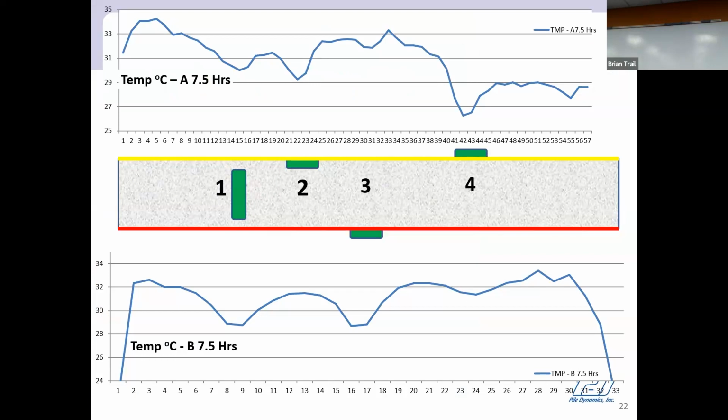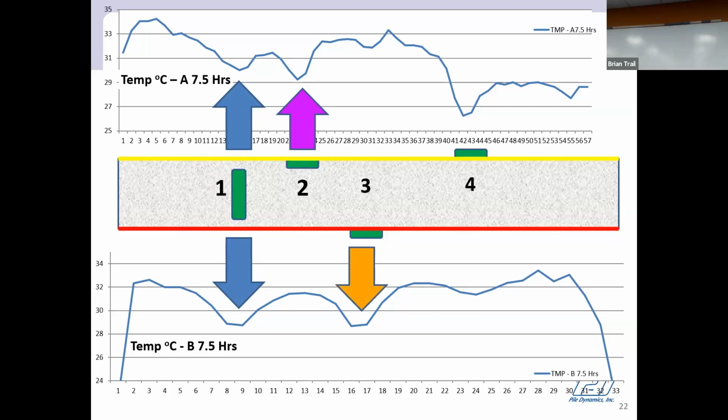So let's take a look at our results. There's the first defect, which was put midway between the two, and we saw a temperature reduction in both the upper yellow string and the lower red string. For the defect closest only to the upper string, we saw a defect only in the upper string and not so much in the lower string.